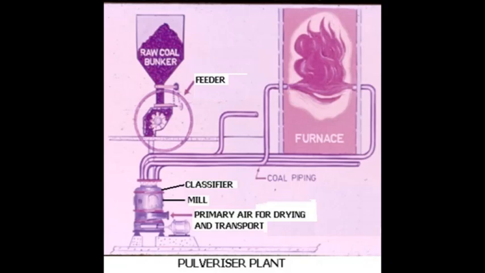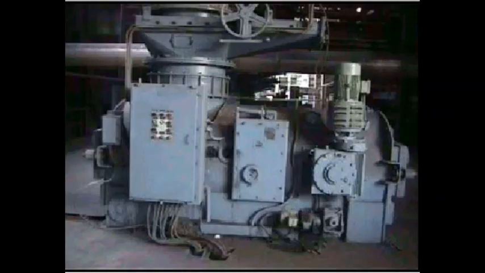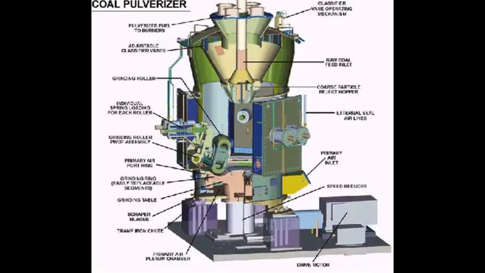From the coal burners, this coal with primary air, which is required to initiate the combustion, is thrown into the boiler furnace, and if there is sufficient heat with the prevailing oil burning, coal starts burning, and with that combustion a huge amount of heat is generated within the furnace.